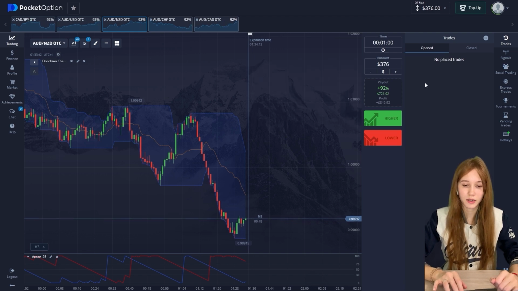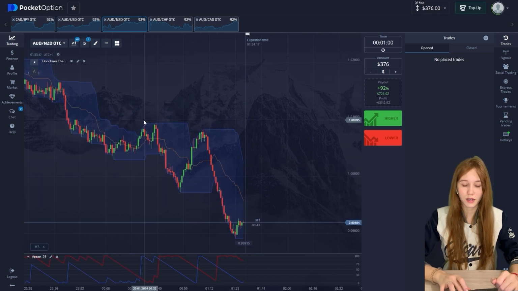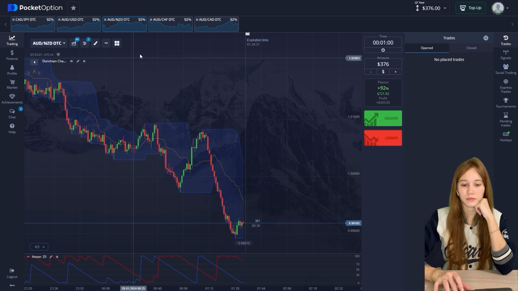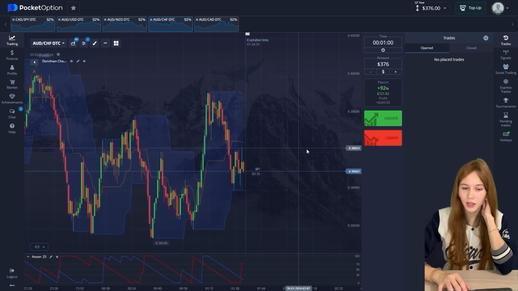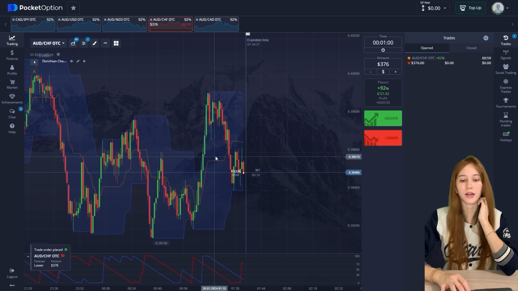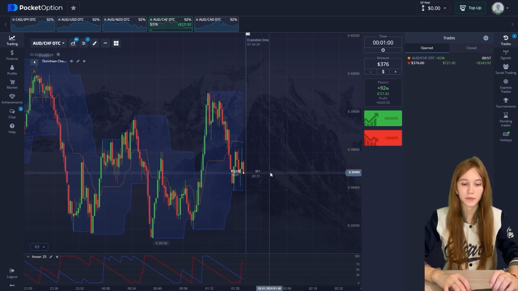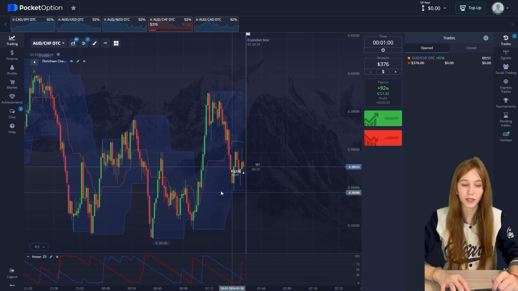Let's increase the amount of our deal and we'll move on to the next concept up. Here we are. Let's open up and down and we start our technical analysis. First, we see the general last period globally.